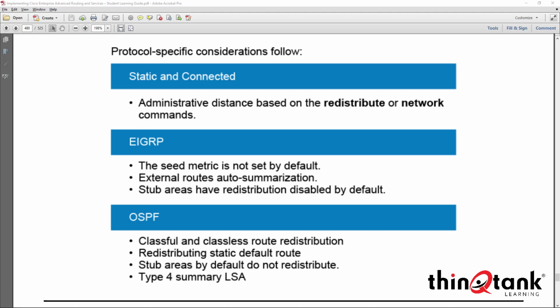If the EIGRP stub router needs to redistribute routes, we have to do the stub redistributed, right? And that can actually happen in a couple of ways. If we're redistributing static routes, we can use the stub static command, because stub static means static routes that are redistributed.